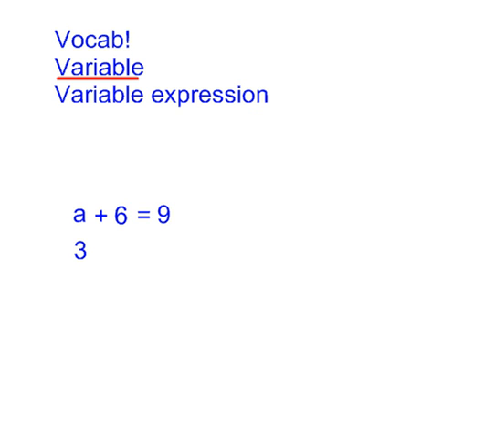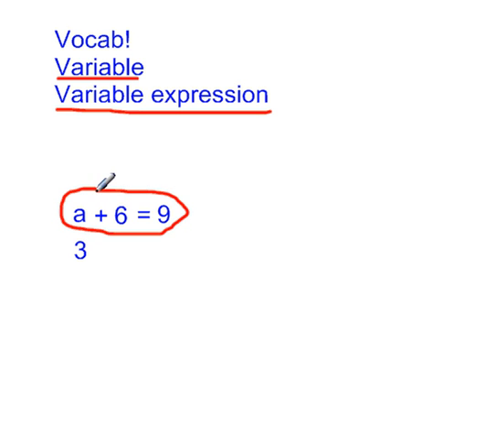And some common ones that are used are x, y, sometimes z, a, b. You can use any letter as a variable. The second vocab is variable expression. And a variable expression, for example, is exactly what we have right here.